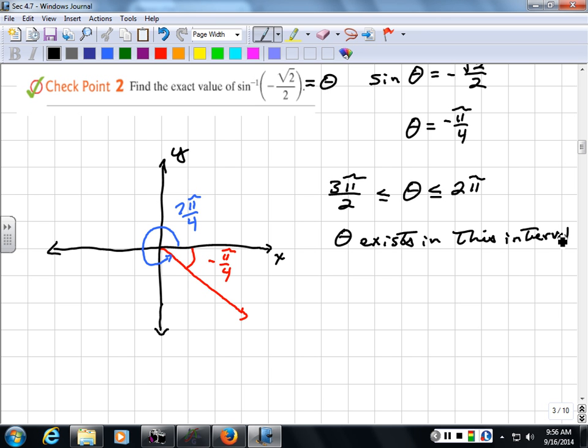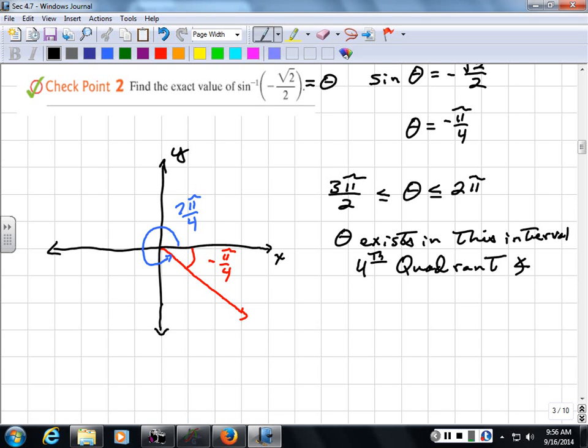In other words, fourth quadrant angle. Okay? That's all I'm really talking about. How would I establish that I want to consider an angle in the second quadrant using interval notation?